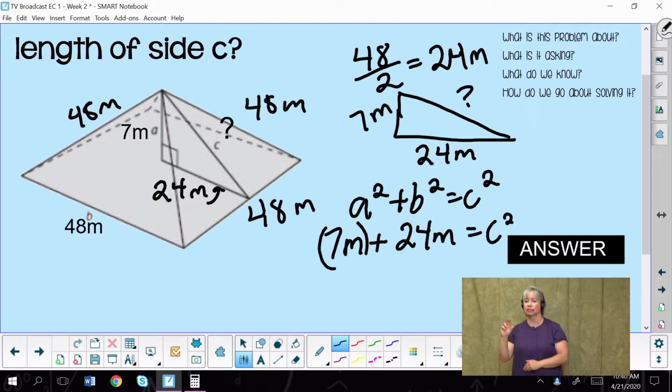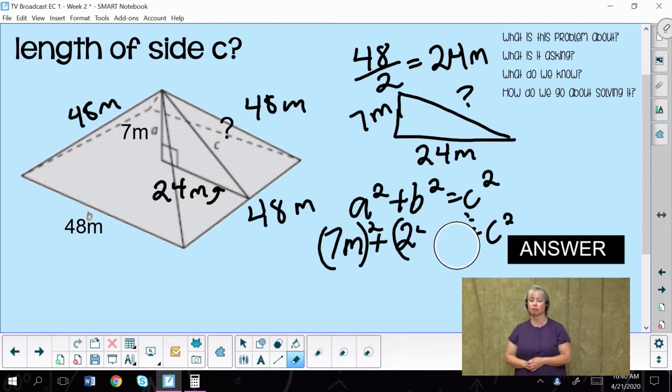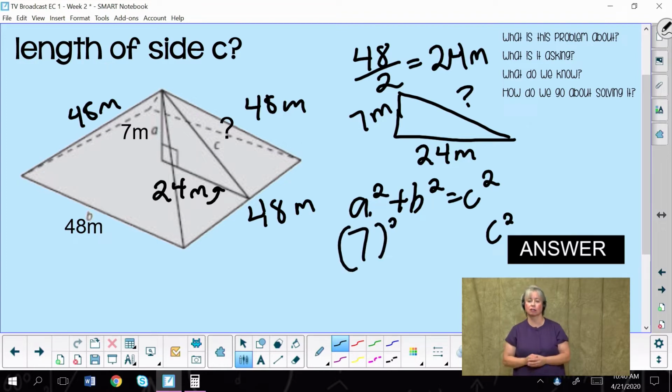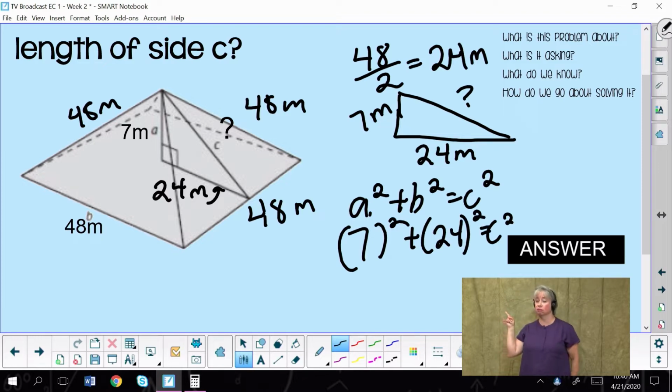And you can put parentheses around here and square this if you want. Okay? And then, you know what, I'm going to take out those meters. I don't want to confuse you there. I'm just going to say 7 squared plus 24 squared. Okay? So 7 squared would be 7 times 7, which is 49.